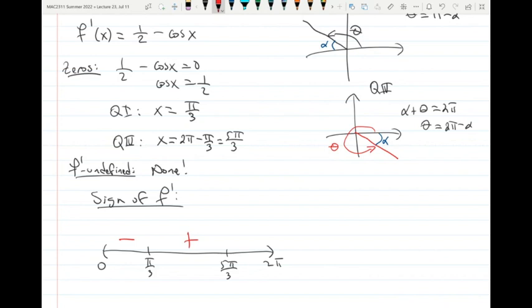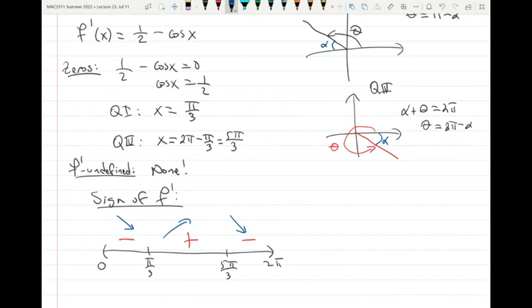Anyway, so we pick 11 pi over 6, corresponding to 30, and then it's going to be the same situation that we had in here, right? If we pick 30 here, the same thing that we did with 30 is going to happen with pi over 6, it's going to happen with 11 pi over 6. So it's going to be negative. Just put it in your calculator, okay? It's going to be negative. And then that's it.